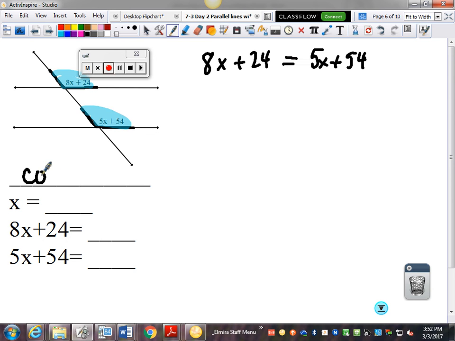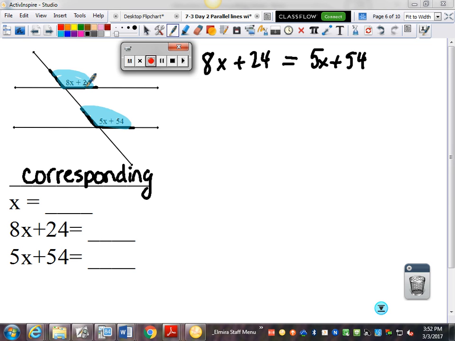They are corresponding, which means they are in the same position up top as on bottom. Okay, so 8x plus 24. If I look at this x right here, it's in this section of the intersection, and 5x plus 54 is in the very same section of the bottom intersection. Okay, so that's corresponding.